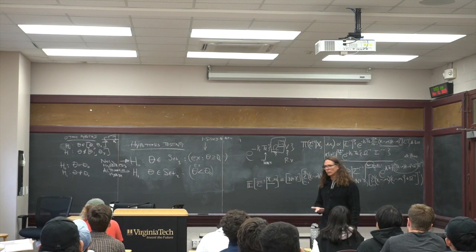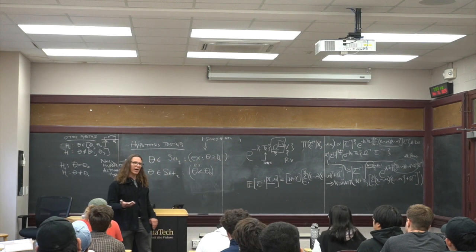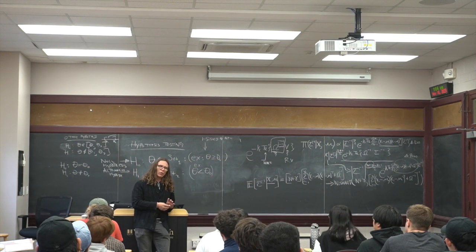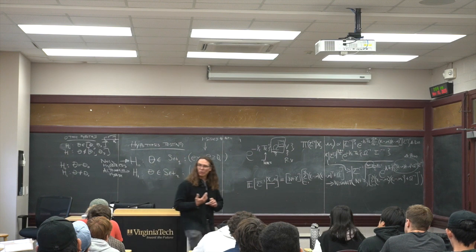So I will demonstrate to you one of the foibles of p-values, where p-values really come apart, and I'll talk about the non-coherency of p-values. You can really see it in this example.